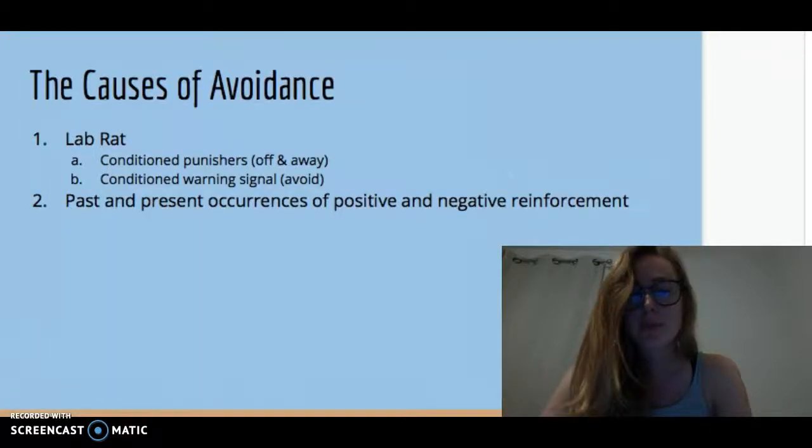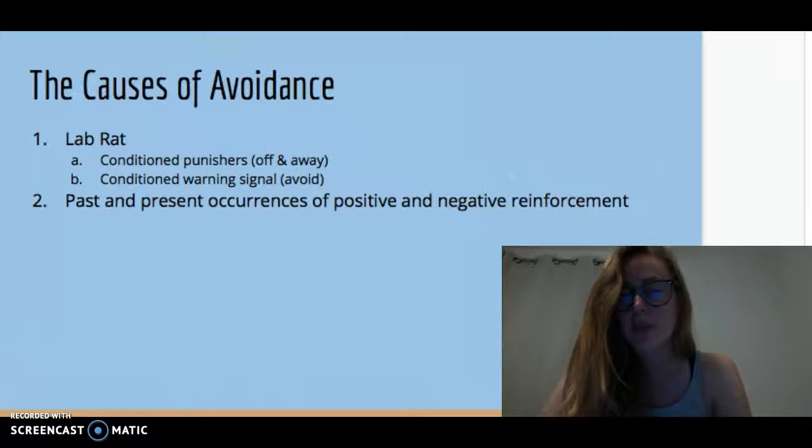The causes of avoidance. Sidman also gave an example featuring lab rats. The lab rats were placed in darkness, presented with a dim light. If the rat pressed the lever within 5 seconds, it would not receive a shock. If it failed to press the lever within 5 seconds, it would get shocked.